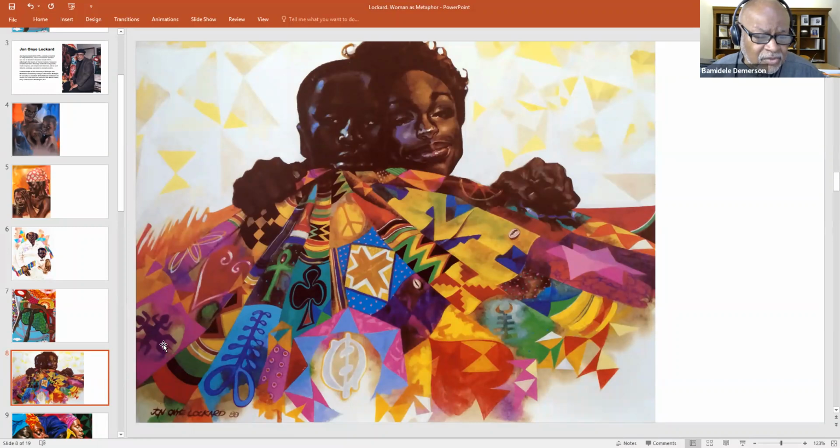We have here the conjoined crocodiles, another Adinkra symbol, meaning we shouldn't fuss over who gets the food, because we share the same stomach. So it's a symbol of unity.